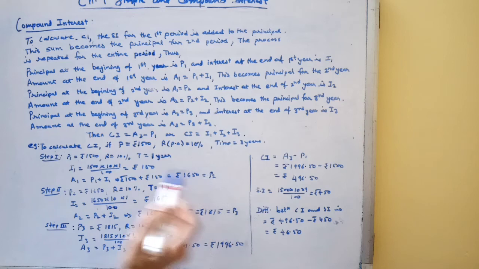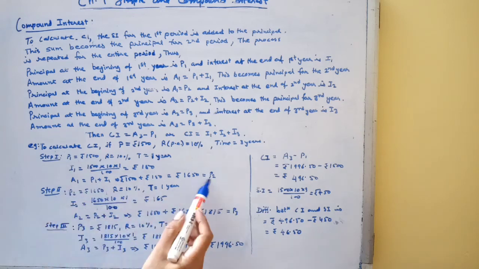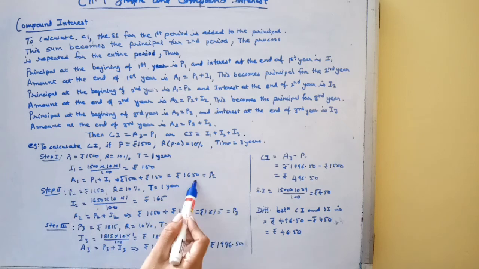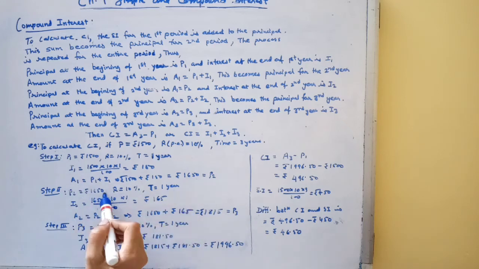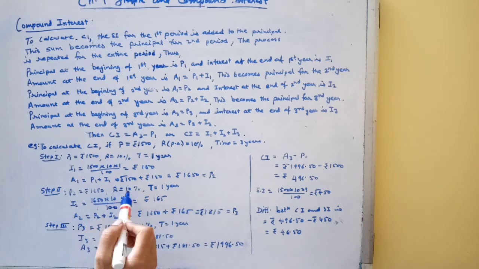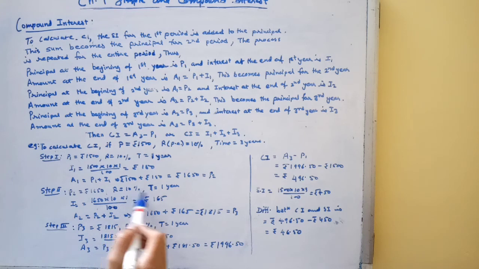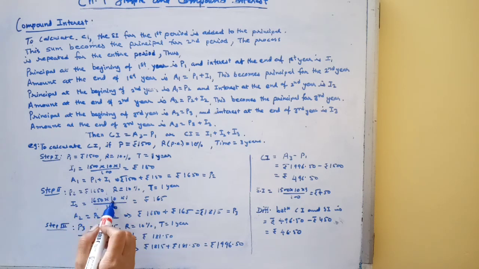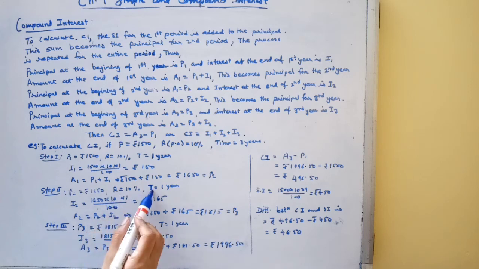Now in step 2, we take the principal for the second year as the amount of the first year, that is rupees 1650. Now the rate is 10% per annum and the time is 1 year. Then the interest for the second year is principal rupees 1650, rate 10%, and time 1 year, divided by 100.